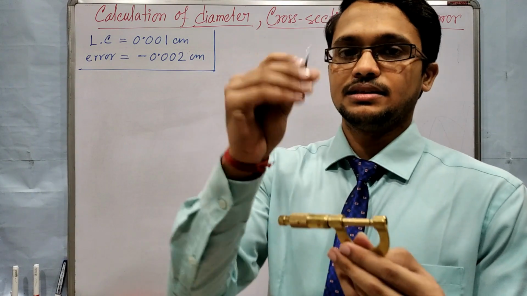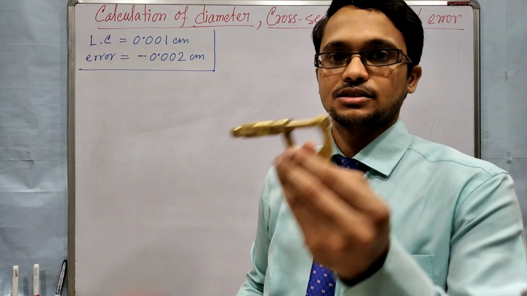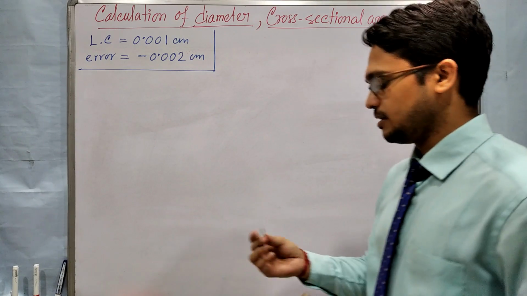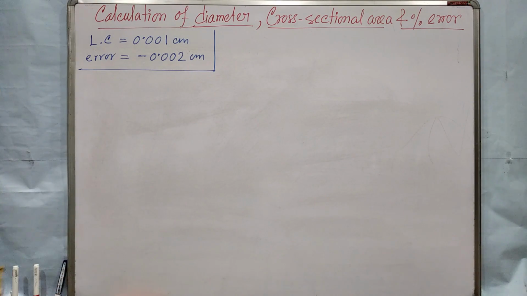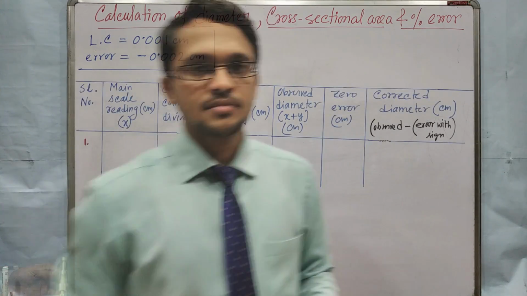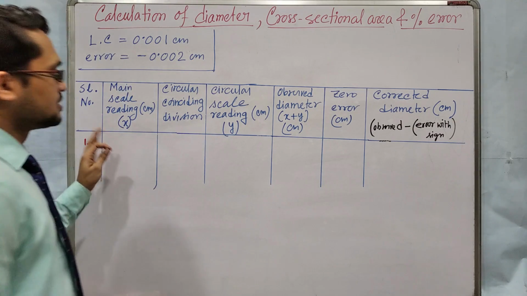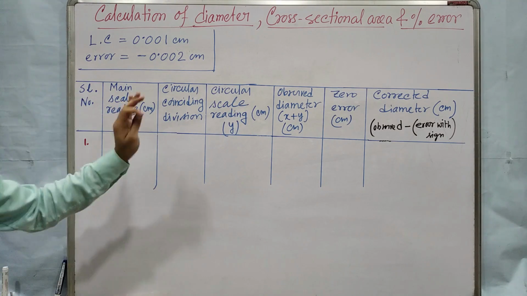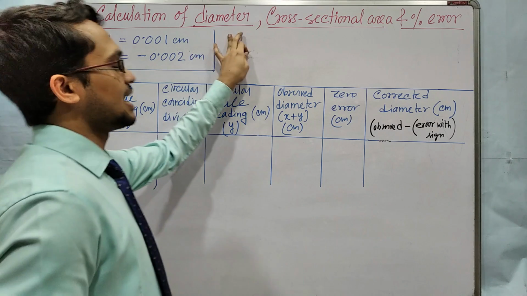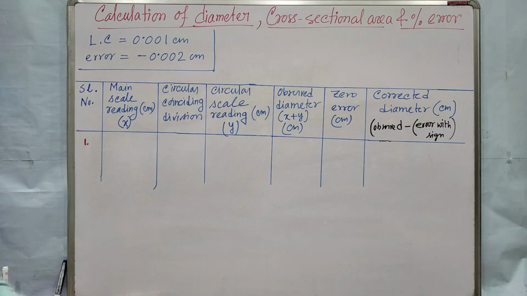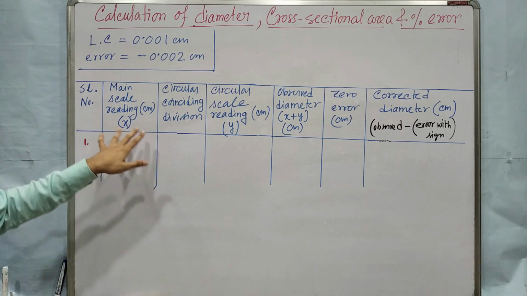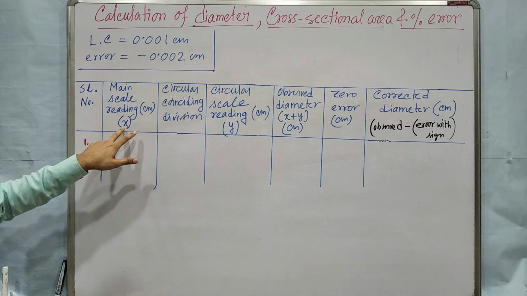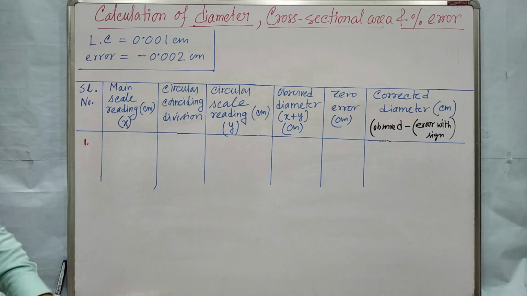This is the screw gauge. Now we will take the reading for diameter, so I am making the table. Okay, students, now this is the table. This is the first table to measure the diameter of the wire. First column serial number, then main scale reading, which I have given the name X, measured in centimeter.